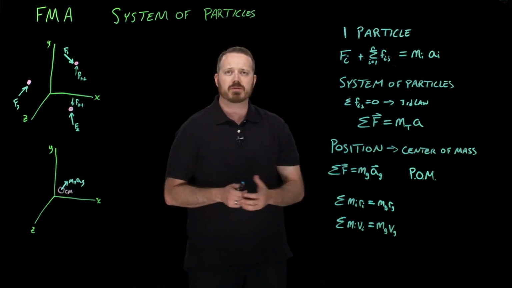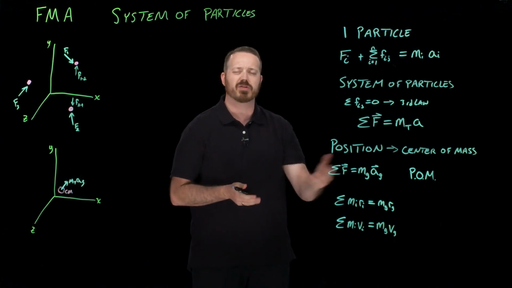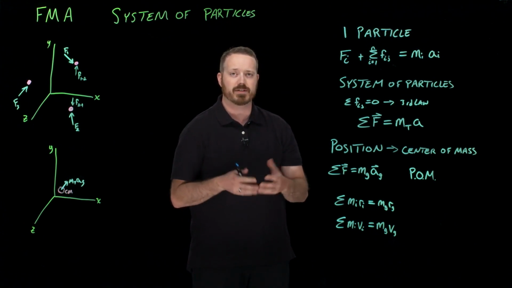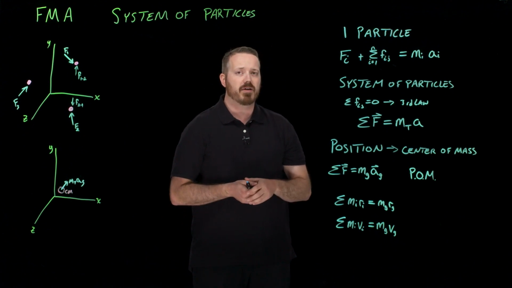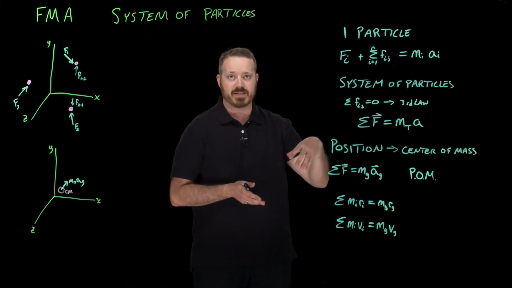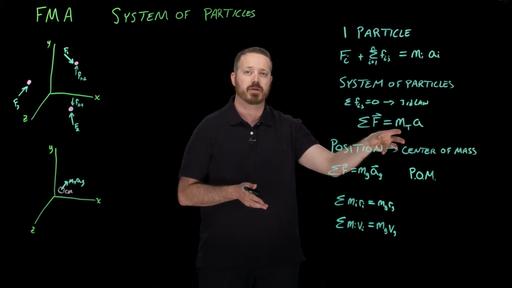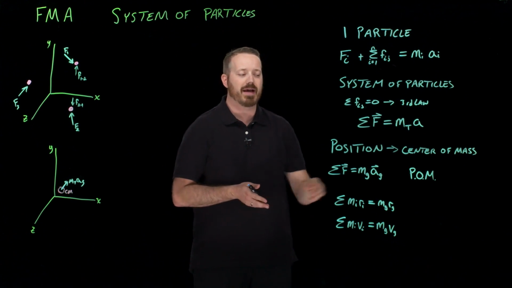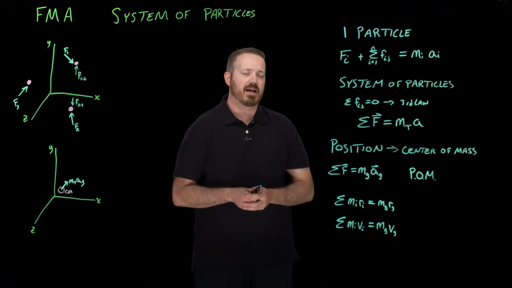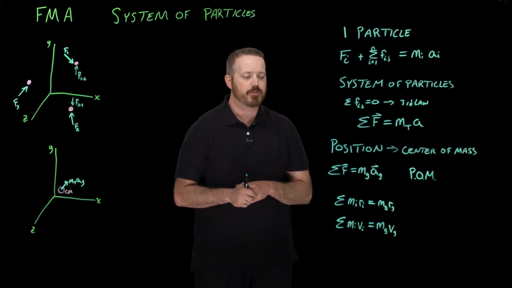So these are the two principles that allow us to approach systems of particles. It's just the one extra that adds the detail to how we solve these. Of course, we've got our FMA method, which is that the sum of all the external forces on the system changes how the total mass of the system is going to move. And then we generally look at the center of gravity, how the center of gravity is accelerating or changing its position.